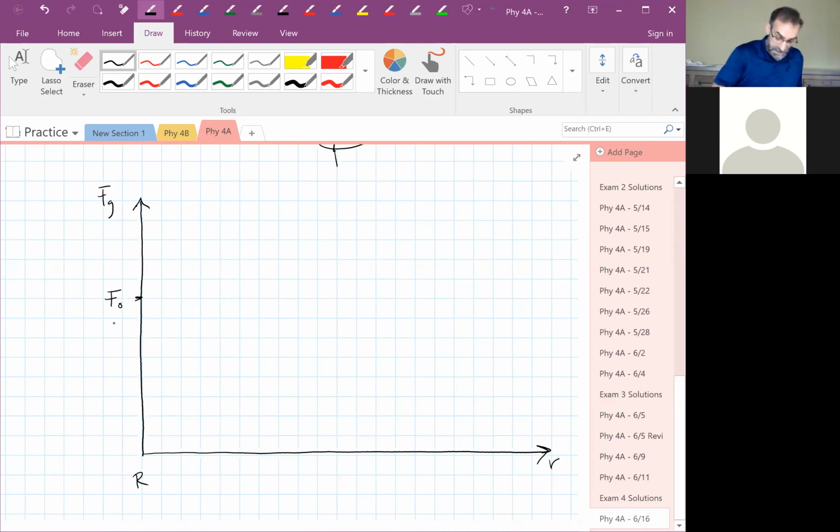If we double the distance, what's the force of gravity?